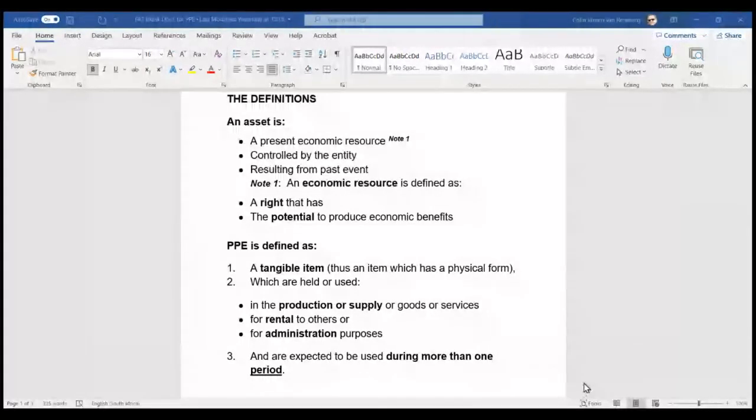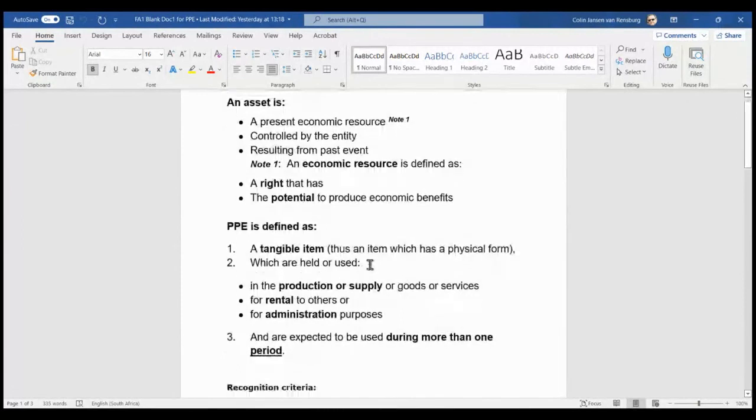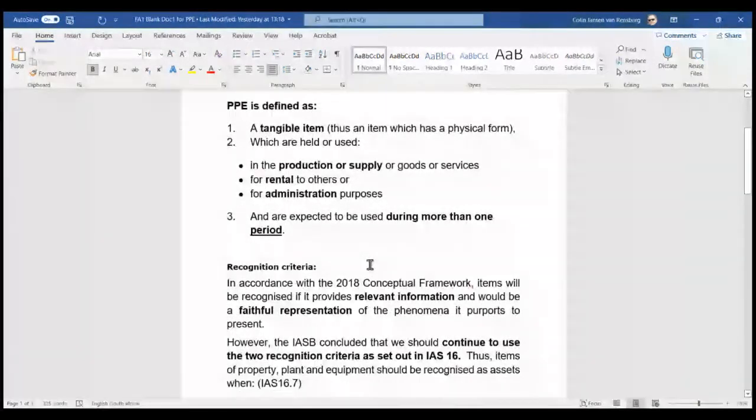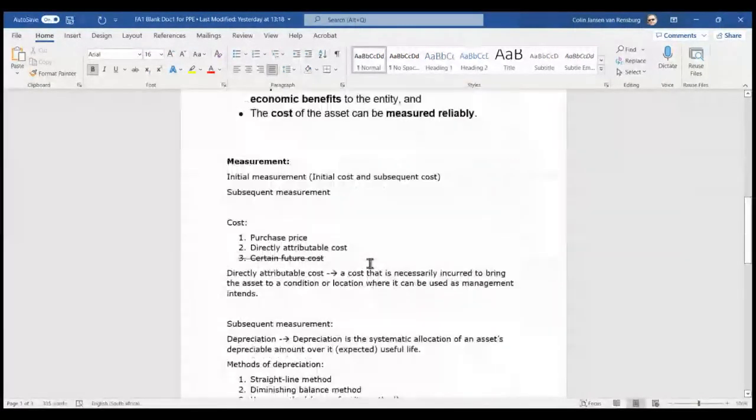Okay. So this document initially just starts again with the definitions and the definition criteria. In other words, the definition of an asset and the definition of property, plant, and equipment. And then it also looks again at the recognition criteria that come from the conceptual framework, as well as the additional recognition criteria for property, plant, and equipment that comes from IAS 16.